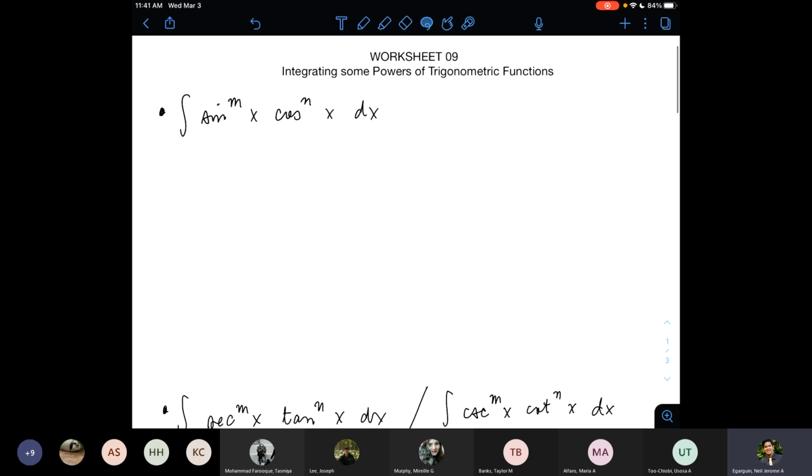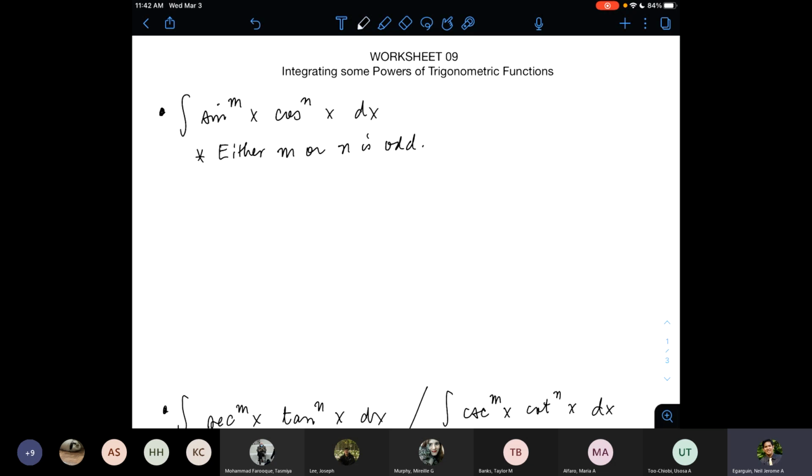So basically, we can reduce this case into two subcases. Number one is when either m or n is odd. Or the case is when you have at least one odd power, right?